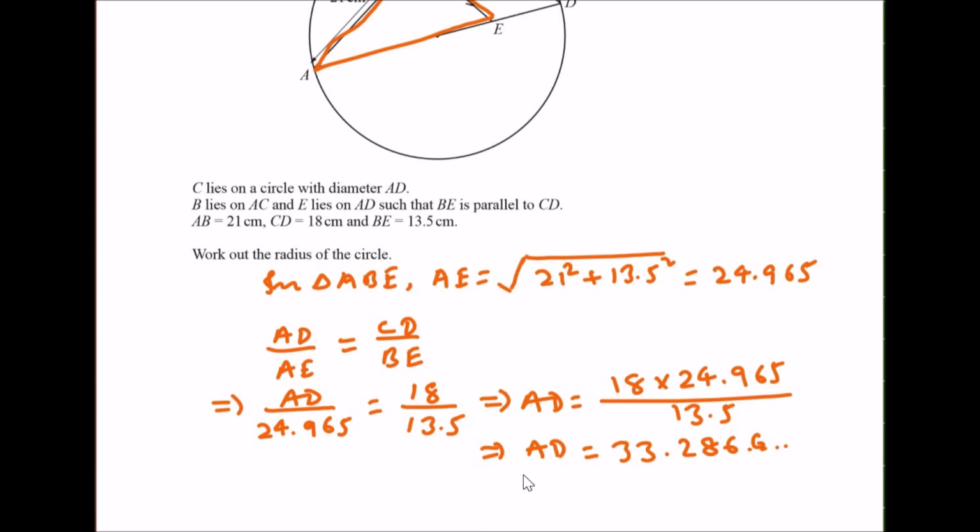Okay, so we got AD. Now we have to find the radius.